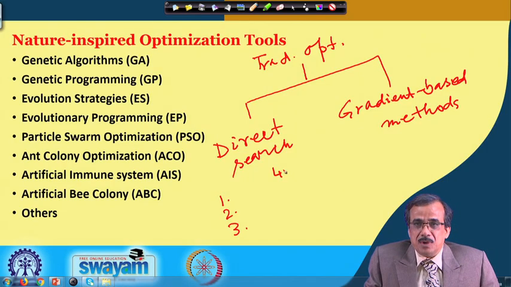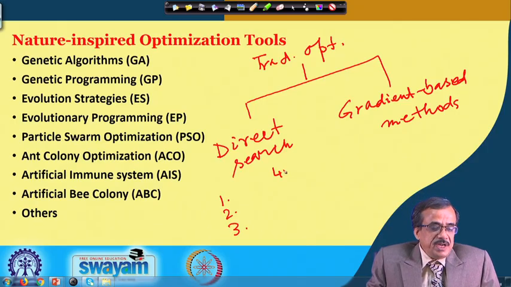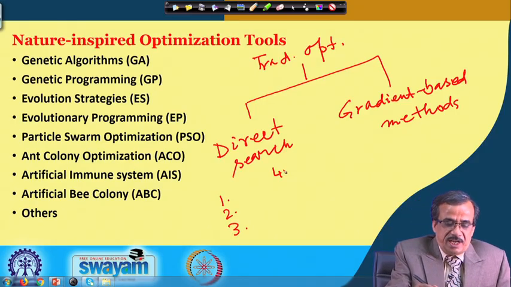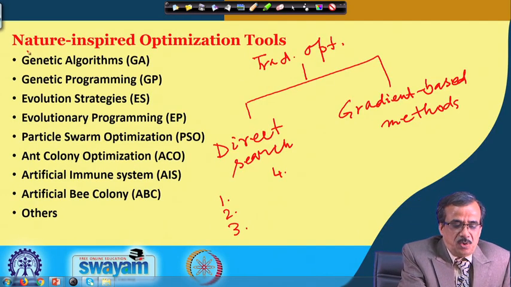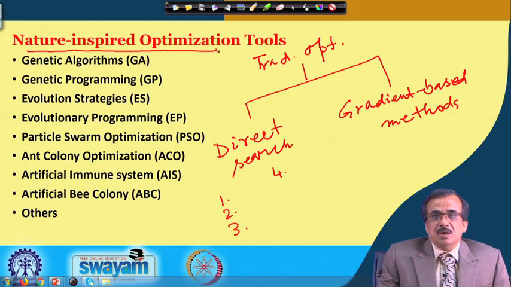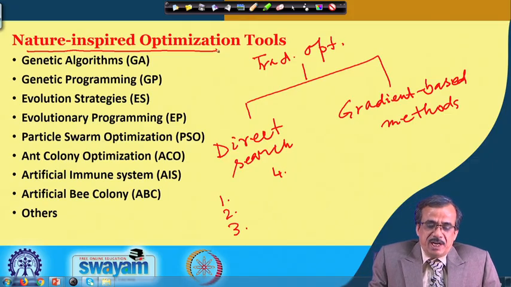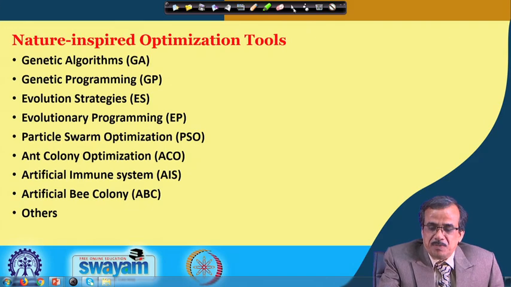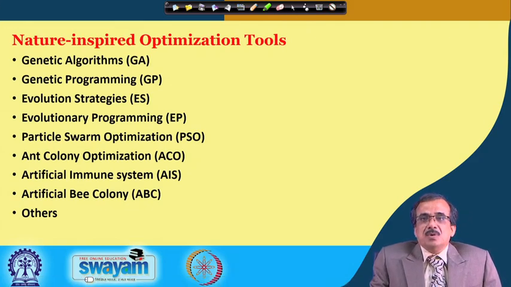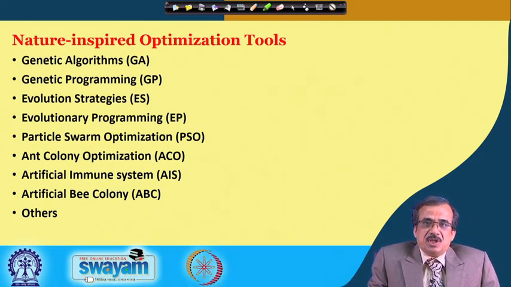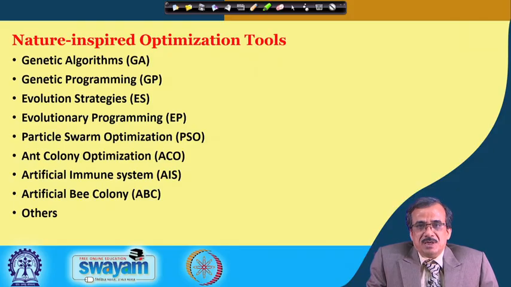To overcome all these drawbacks of traditional tools for optimization, we take the help of the nature inspired or non-traditional optimization tools. Let us see the reality. Whenever we face a very difficult real world problem, we are unable to use the traditional tools efficiently.